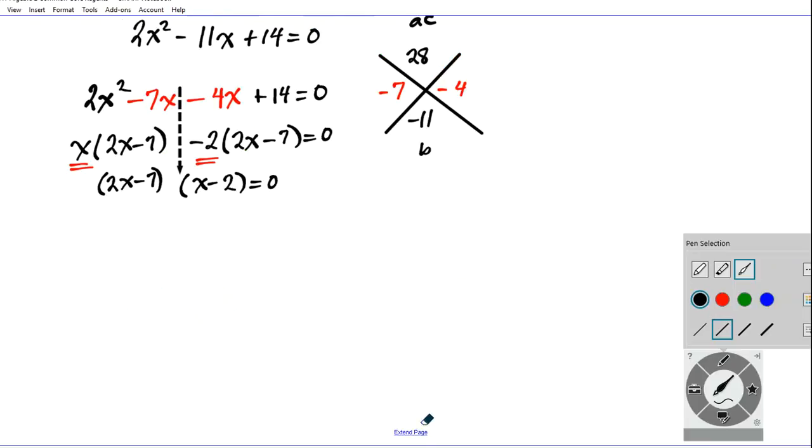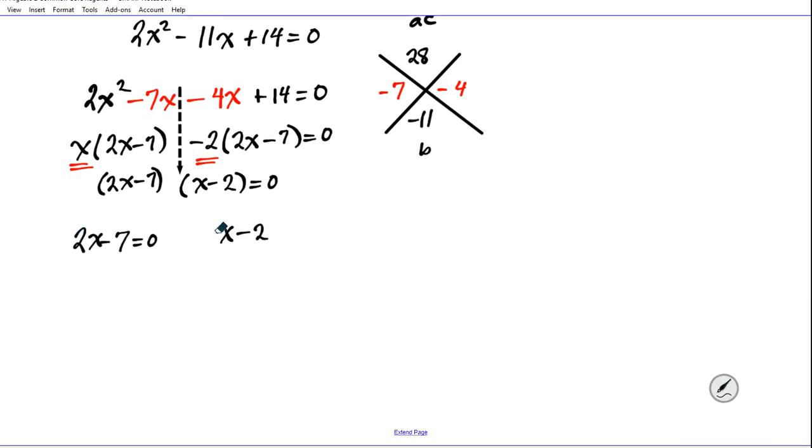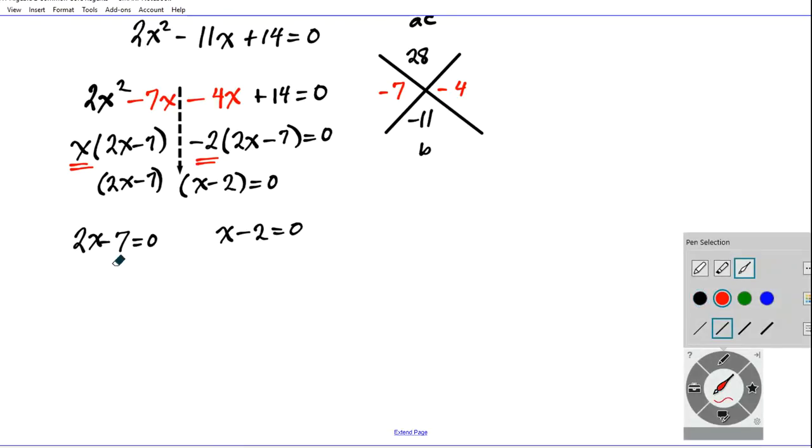To finish this off, we'll use the zero product property, set both factors to 0, and solve. So for this one, you just add 7, 2x equals 7, and divide by 2. So the answer for the first one is 7 over 2. And then this one, just add 2 to both sides and you are in business.